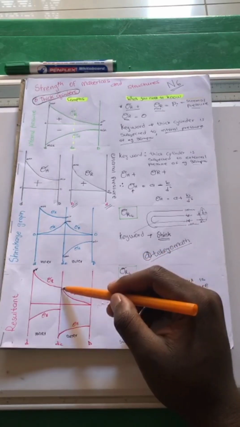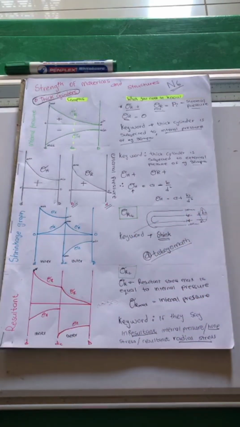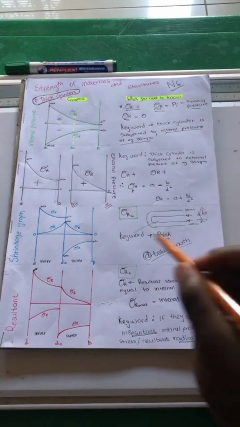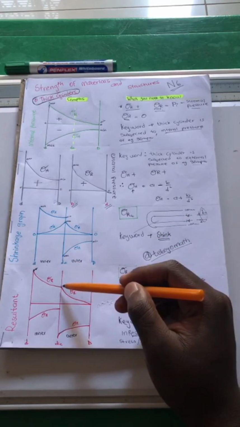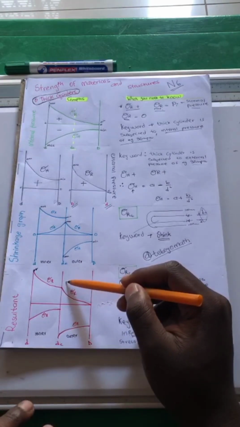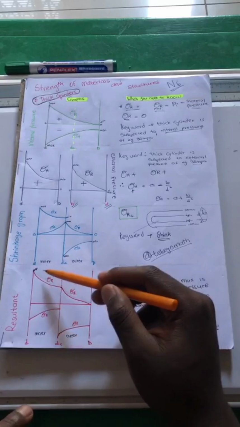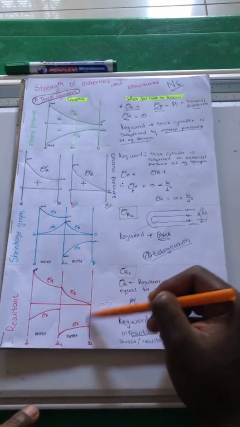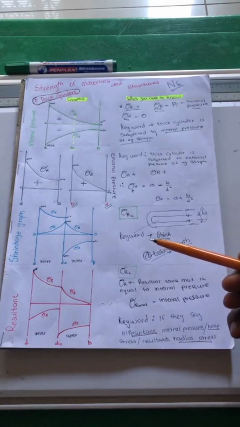So if this is 30 megapascals, it's also 30 megapascals on this side. So this part, it's one value, right? So what does that imply? It implies that you can use it. If I have 30 megapascals here, I can use it on this side. I can also use it on this side with the Lame's equation.